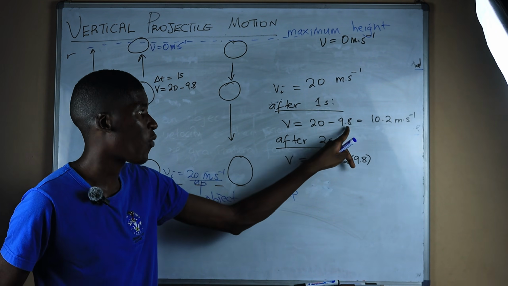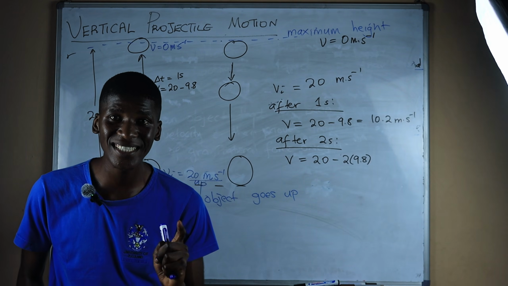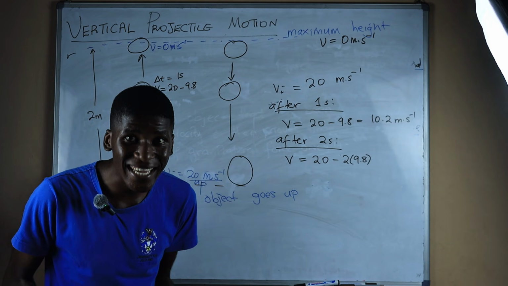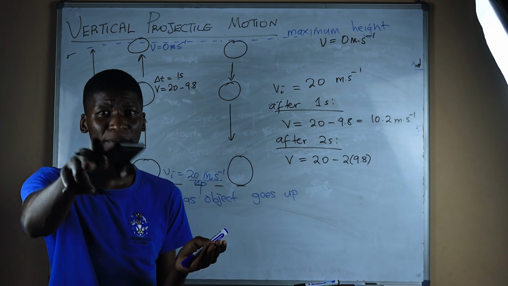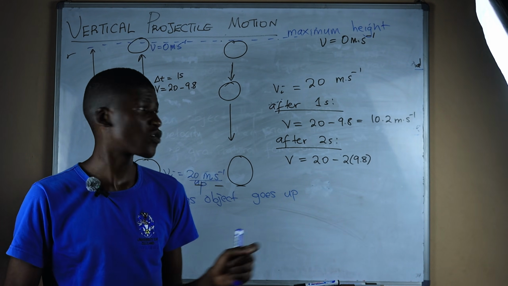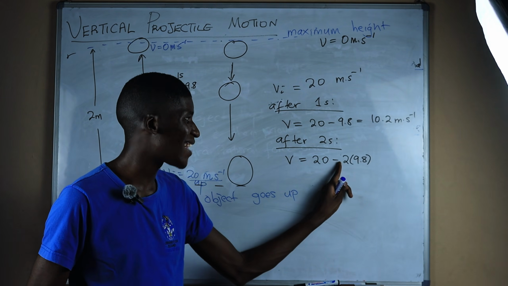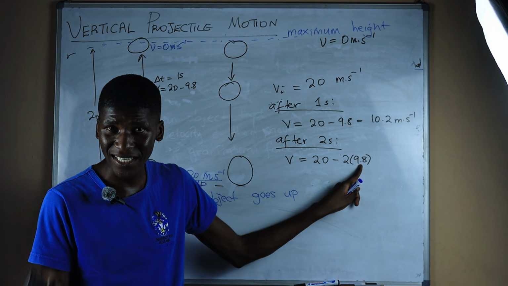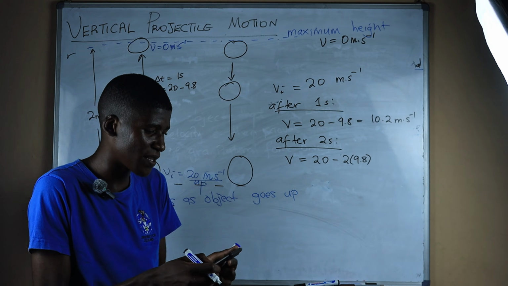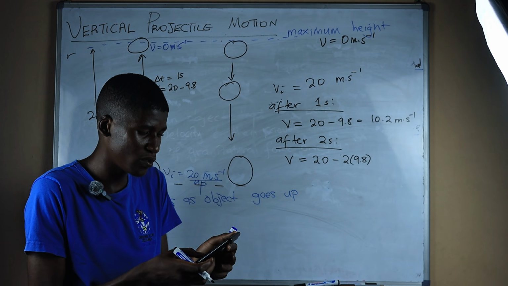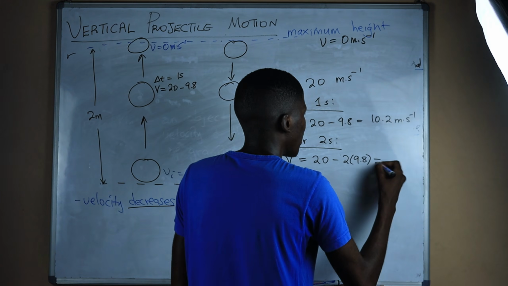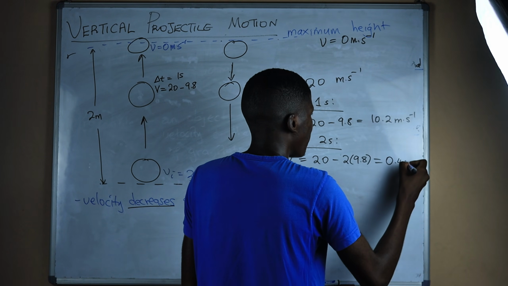At first, it was for 1 second. That is why we only subtracted 9.8 meters per second. But now, after 2 seconds, it will lose another 9.8 meters per second, right? So that's why we are saying this is 20 minus 2 seconds times 9.8 meters per second. And that is going to give you something like 0.4 meters per second.